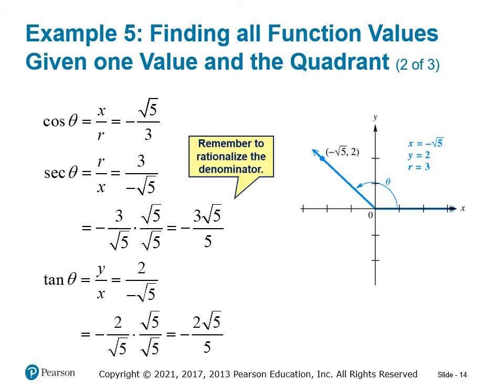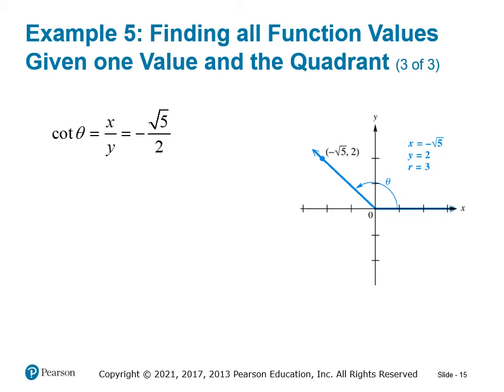Of course, we have to rationalize. Tangent equals y over x, and again we rationalize. And then, of course, cotangent equals x over y. And cosecant is the reciprocal of sine. All right, I went through those really quickly, but we're getting a lot of examples, and it's always possible for you to pause on this slide as well.